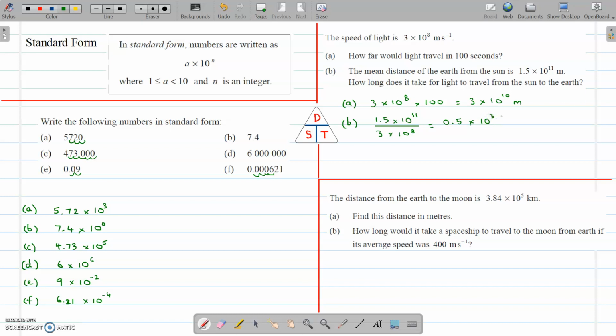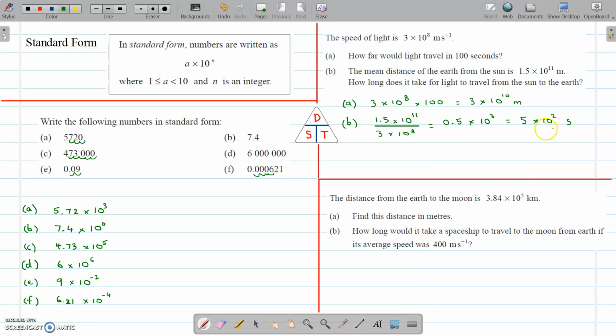But now I need to adjust that and put it in standard form, because this number here at the moment is not between 1 and 10. So that is actually the same as 5, but because I've made that 10 times bigger, this now has to be 10 squared. 5 times 10 squared, and it's a time in seconds, S for seconds.